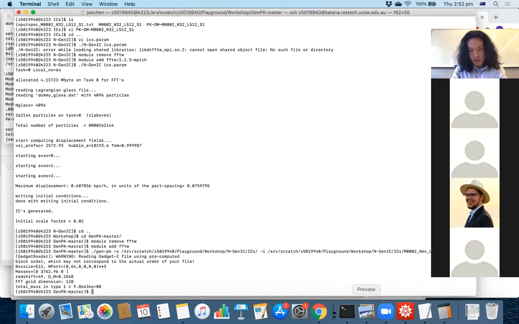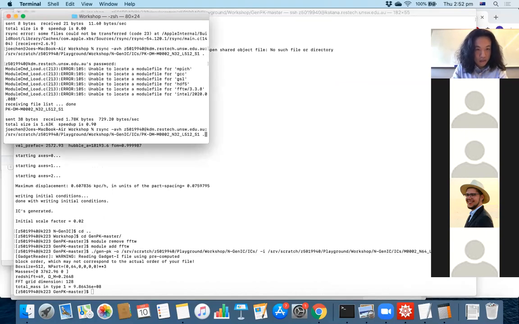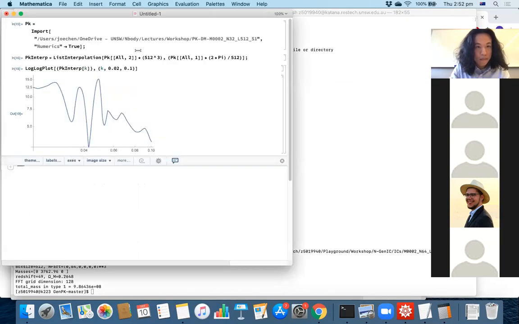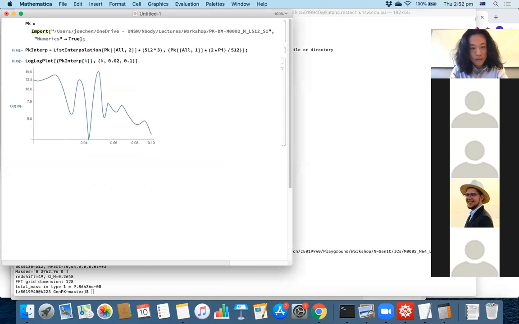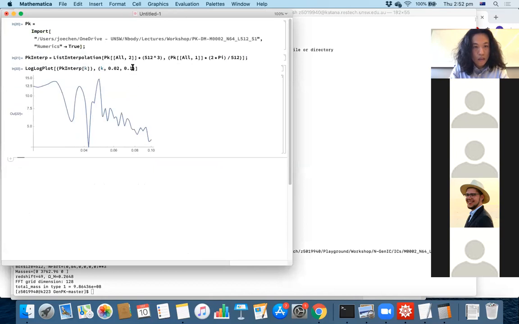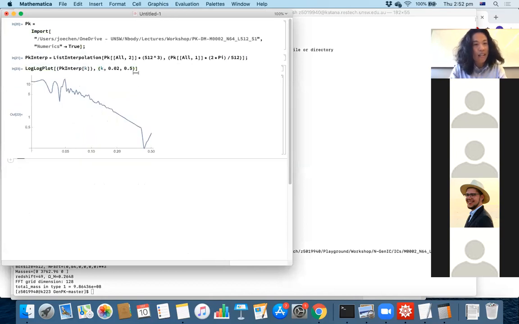All right, let's hope this works. Okay, slightly better. Okay, that looks like a power spectrum. It dips off at the end because of the noise.